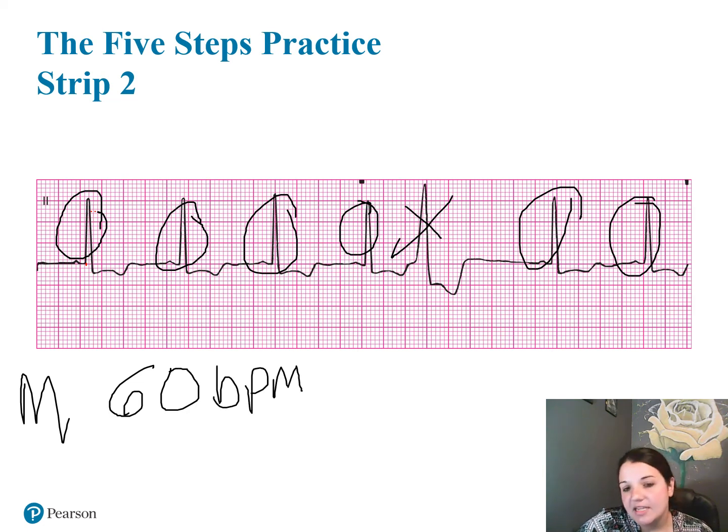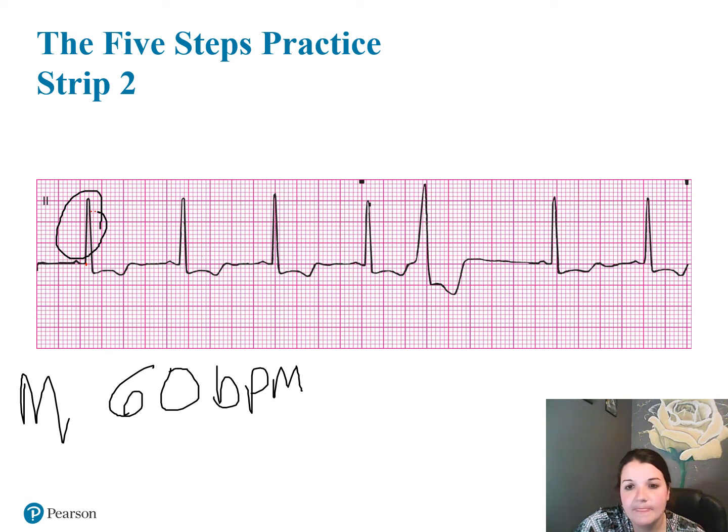And then I need to get the range, right? It was regular, so I'm going to get the range in between this beat. All of these are regular, which was 21 boxes, I believe.